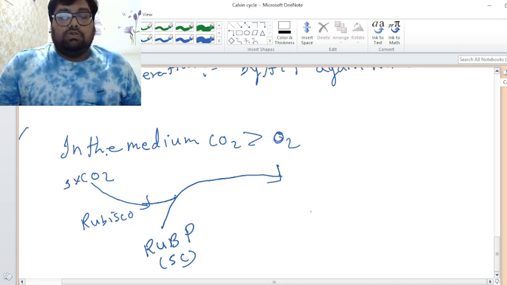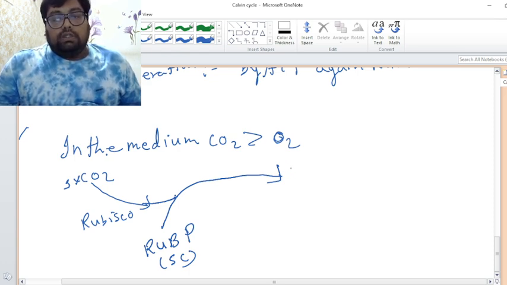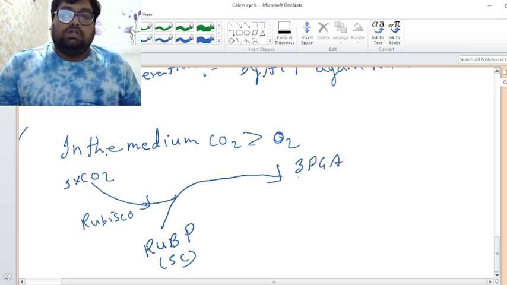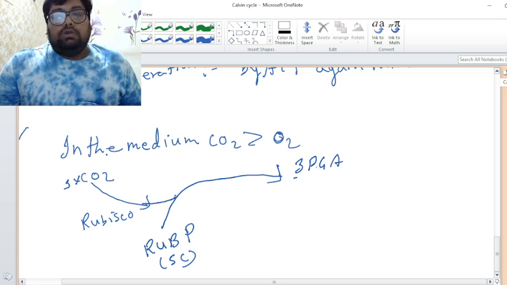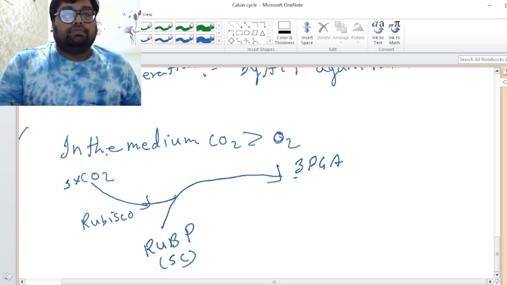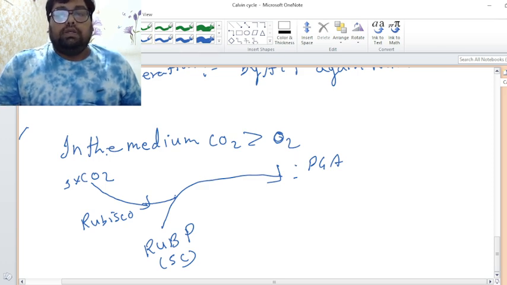Approximately 3 CO2 are utilized. The first stable product formed is 3-phosphoglyceric acid, 3 PGA, which contains 3 carbons, 2 of them making a total of 6 carbons.